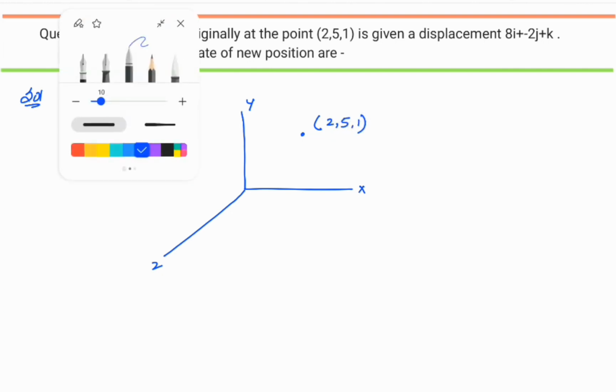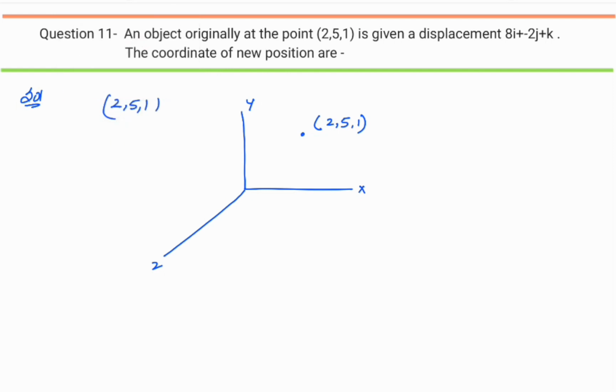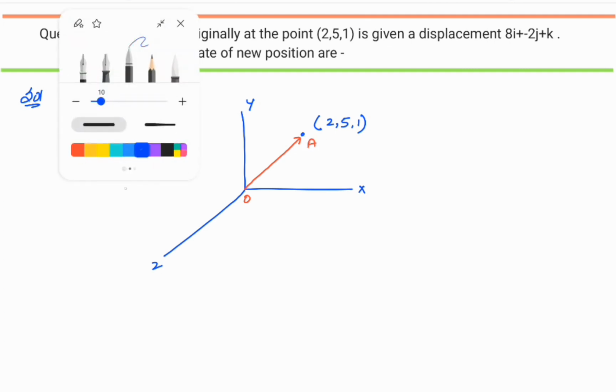Just tell me, if in the same question it was asked, find the position vector of a given point, then how do we find a position vector? Draw the line from the origin to that point, pointing toward the point. Let us say this is the origin O and this point is A. Then what is the position vector of point A?